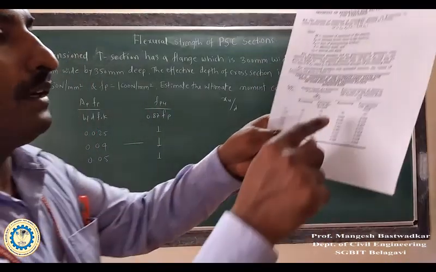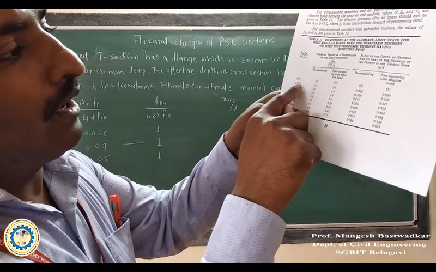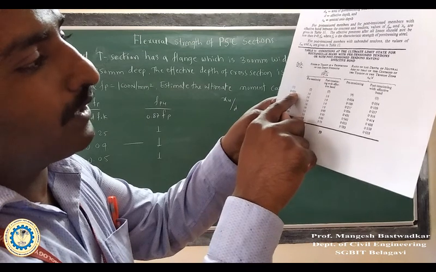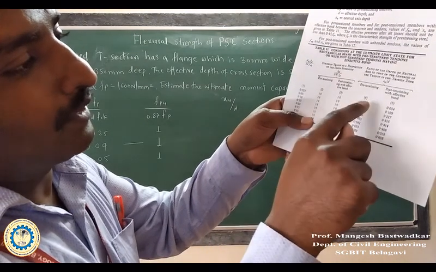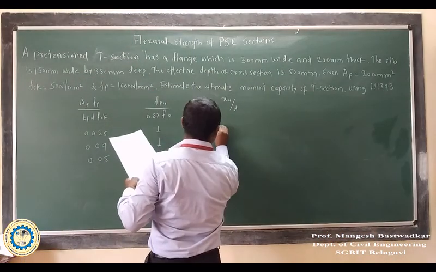Now you can see here it is a pre-tensioned beam. So the value for effective reinforcement ratio 0.025, the XU by D value is 0.054.